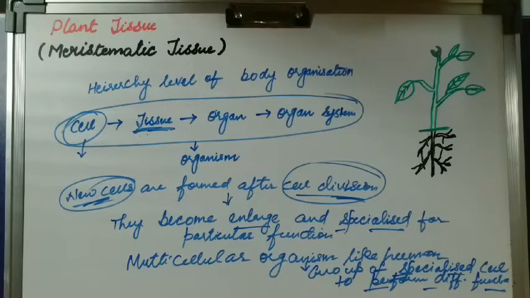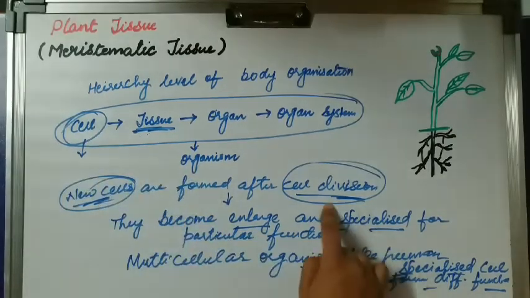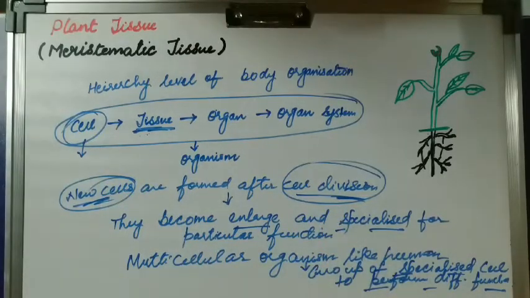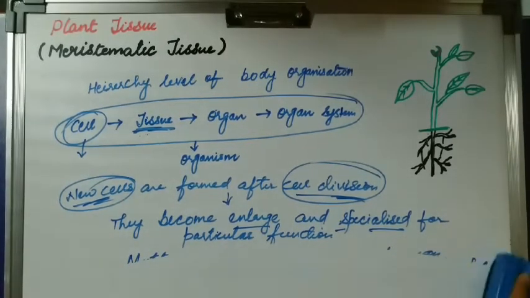So from here you can understand what the tissue is. The tissue arises from the cell when the cell divides, and these cells now become enlarged and get specialized for a particular function. So the group of cells which become specialized for a particular function is basically known as your tissue. In simple definition, I can write it like this.